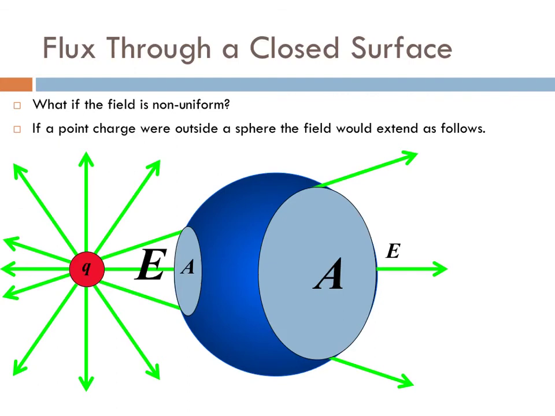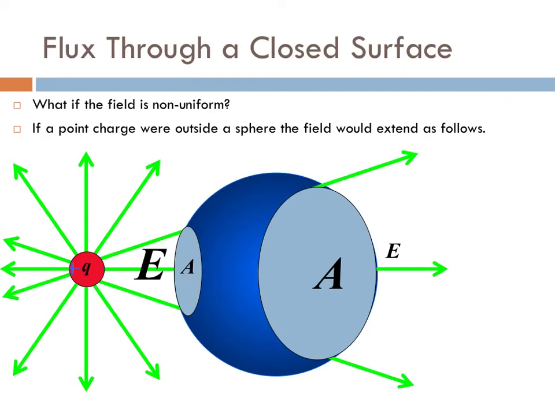So in this example, we're looking at a charged particle. Here, because of the direction of the electric field lines, I can tell that this is a positive charged particle. And we are placing this sphere some distance away from my point charge. Now, if you look at the left-hand side, the electric field lines are closer together, but the area is smaller.